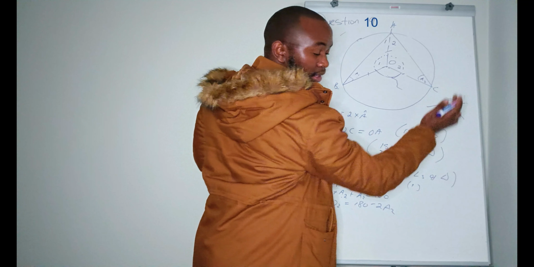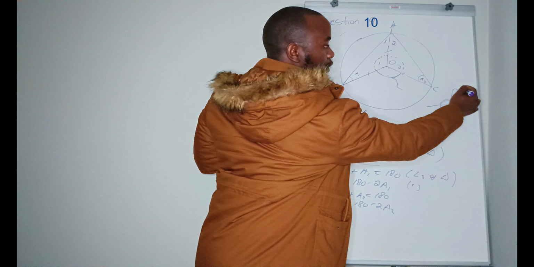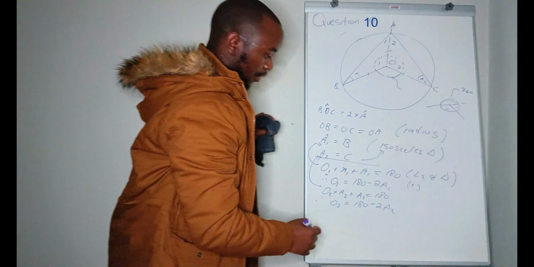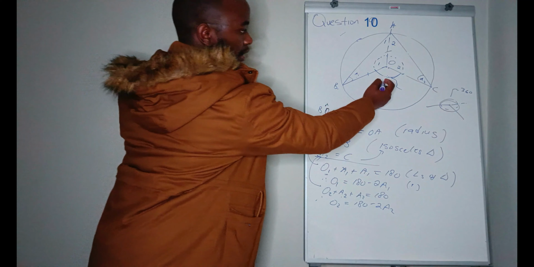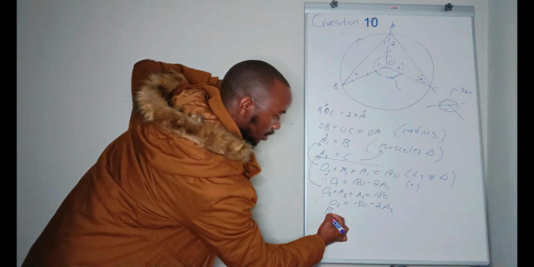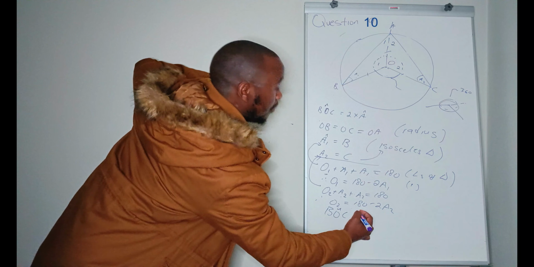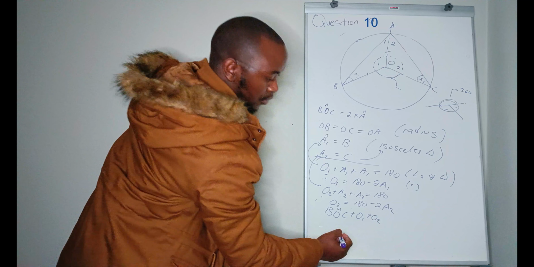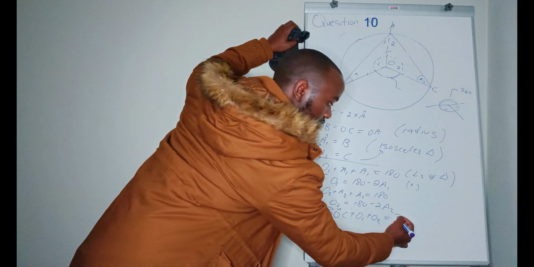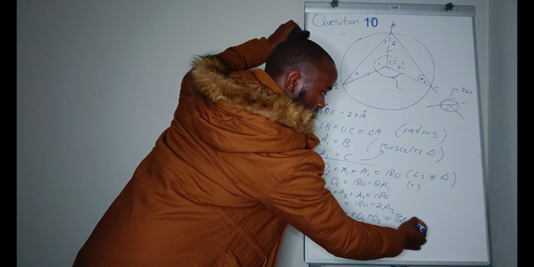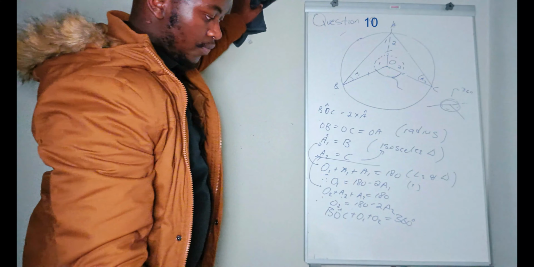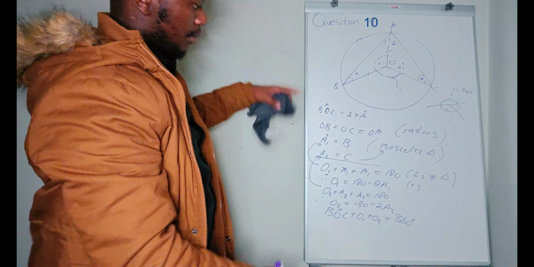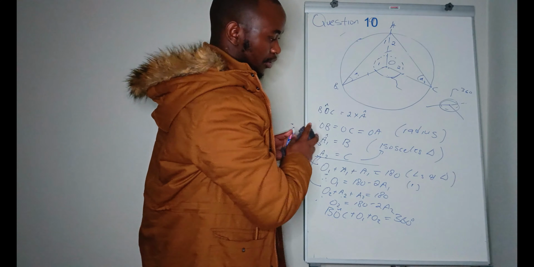So angles in a revolution are equal to 360. So we know that if we call this BOC plus O1 plus O2 is equal to 360 degrees. I'm just going to scrap the ones on top here.